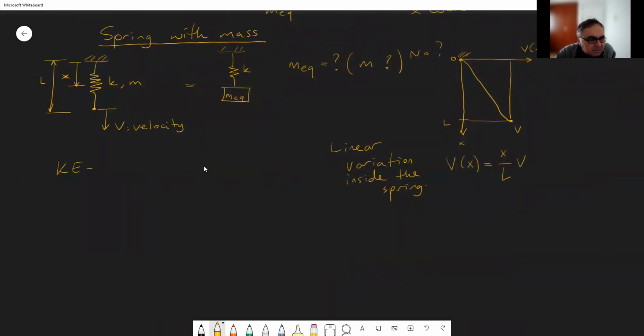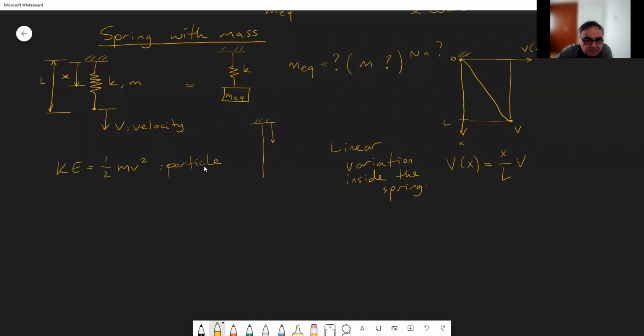The kinetic energy is, as you know, 1 over 2 m v squared for a particle. But here you have a distributed thing, where velocity changes all over the place.